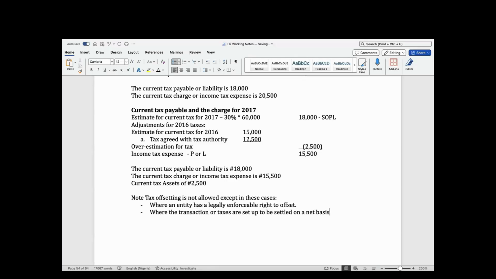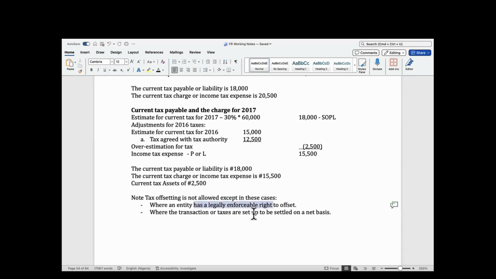So if you have agreed with the tax authority, whether you wrote them a letter and they have agreed that you can go ahead and offset or settle the net, there is documentation to that effect, then you can offset that. Instead of presenting liability and assets separately, you can present a net liability of 15.5.